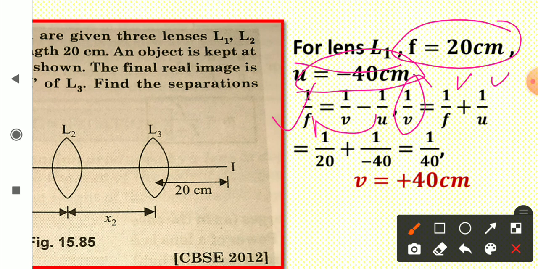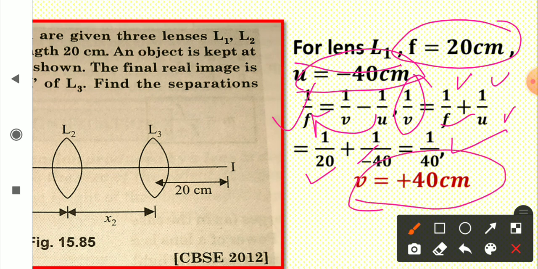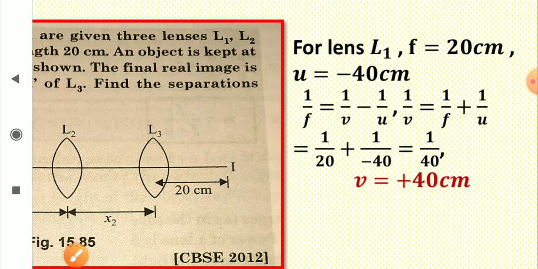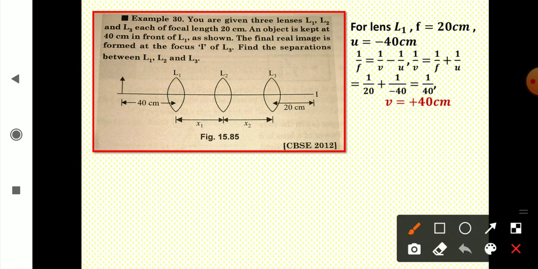Put the values of f and u, you get 1 upon 20 plus 1 upon minus 40. Simplify, you get 1 upon 40, or v is equal to plus 40 centimeter. So the image made by this one will be at 40 centimeter from here.